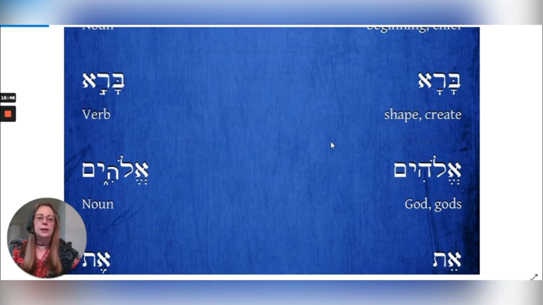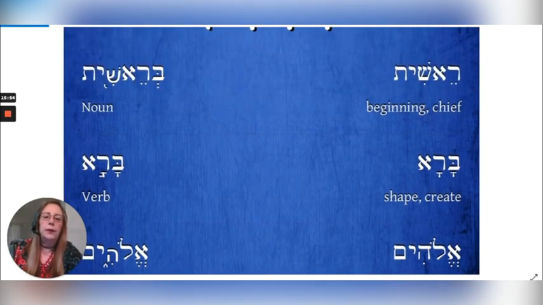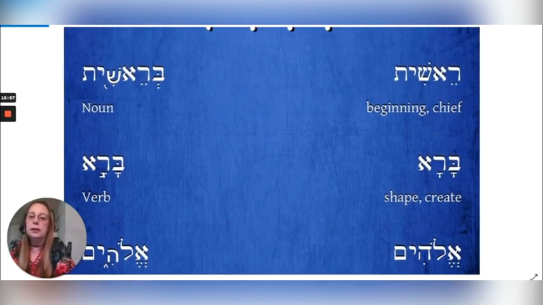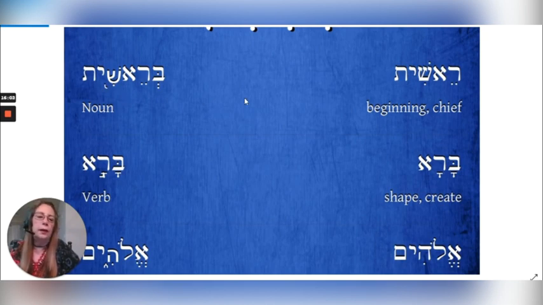Oh, here it is. Okay. Here's a cancellation mark, and they don't show it here. So as you can see, that's the cantillation mark. Here again, this is bara, no cancellation mark here.